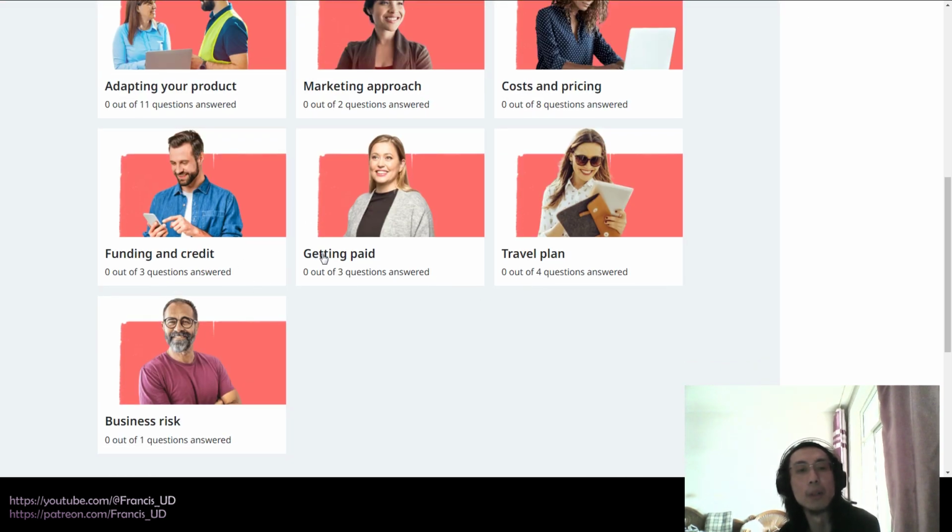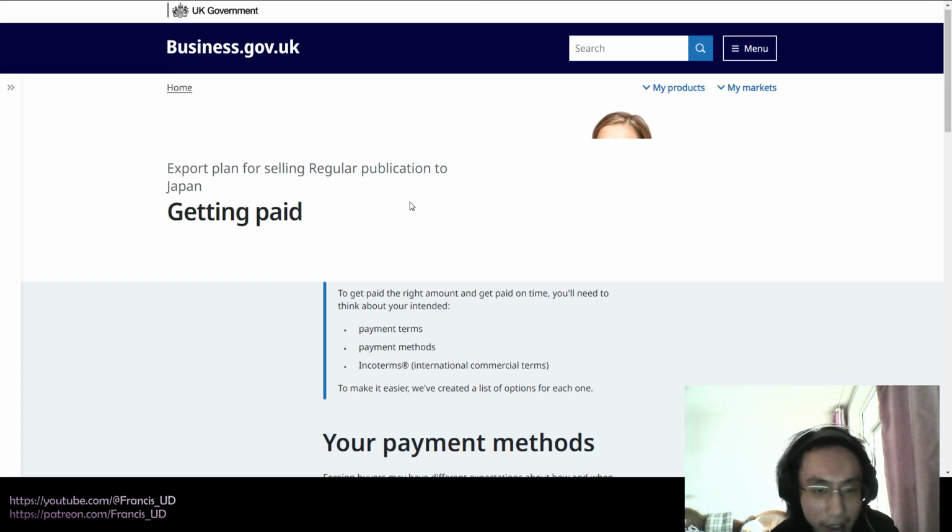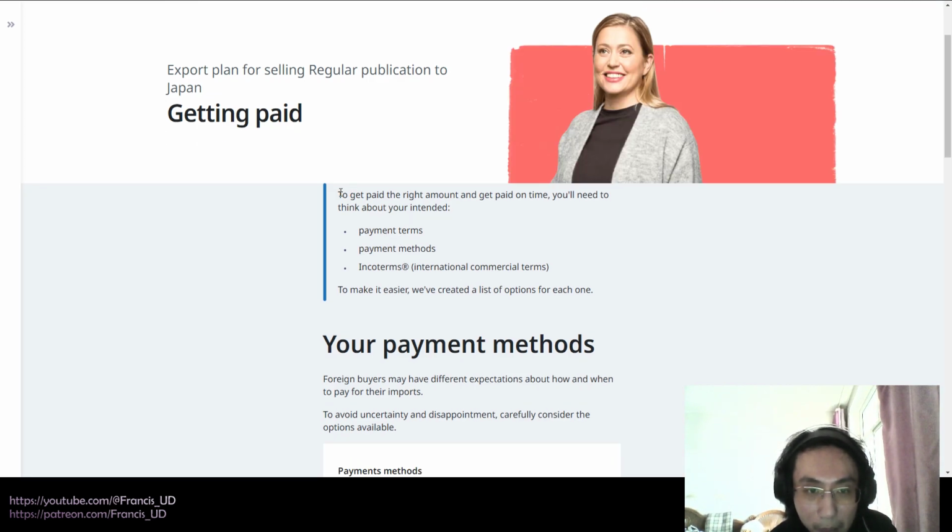Travel plan, getting paid. Let's see this part, getting paid. To get paid the right amount and get paid on time, you need to think about your intended payment terms, payment methods, Incoterms, apparently a registered trademark or whatnot, international commerce terms.